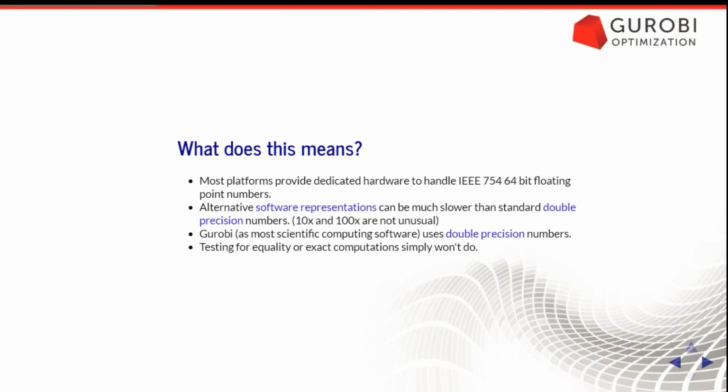And that's what Gurobi does. We use in almost all the code these double precision 64-bit numbers. And this is not too bad, actually. I'm going to show you that although these numbers have limits, if used within reason, they do provide meaningful answers 99.999% of the time. There is also this last part, which is very key.